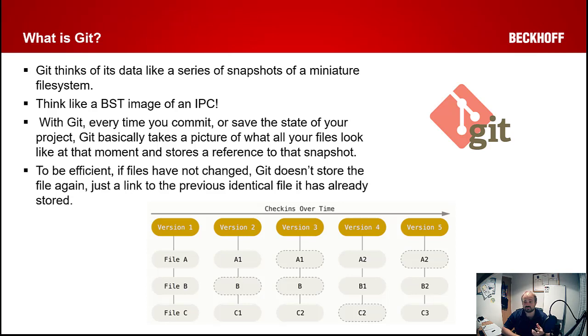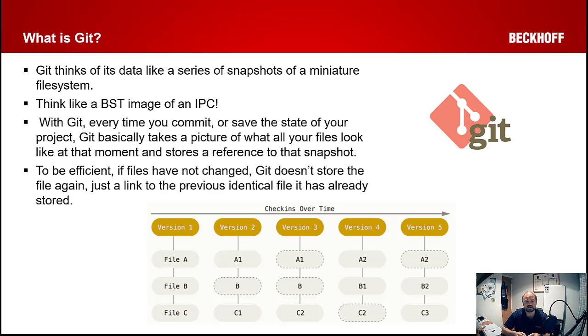So when you create a project, you save your project onto the IPC, you add all the features, the Windows layer you need, and you take an image of it so that you can always back up at that point. Think of it like that. It's a really easy way, except you do it as you go through your project. So as you develop code, as you add in the code for your axes, as you add in the code for your Modbus RTU connection, you save one of these images, and that allows you to progress backwards and forwards through that archive or the repository as you need to.